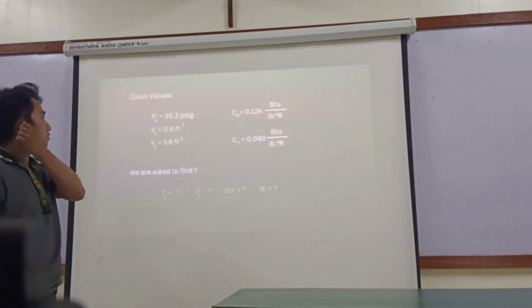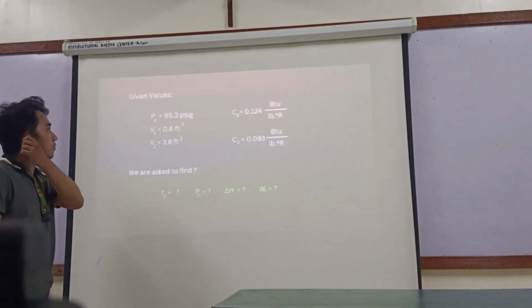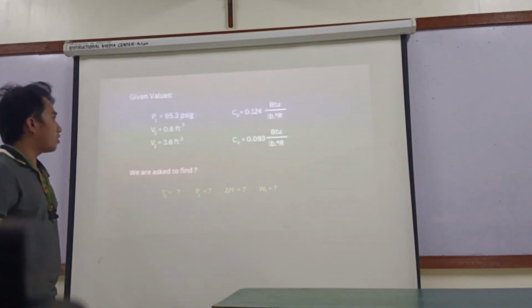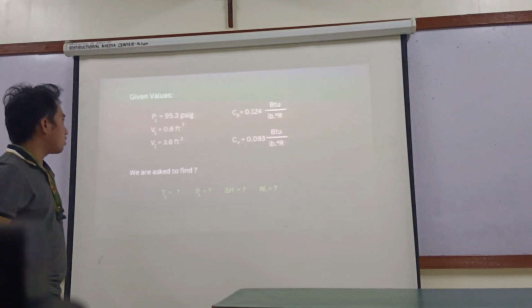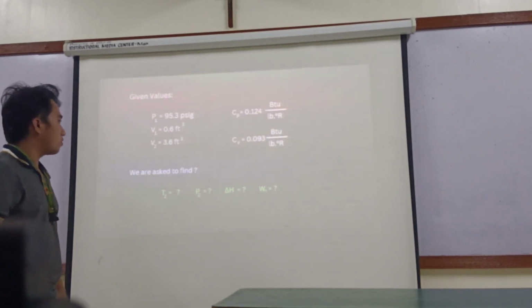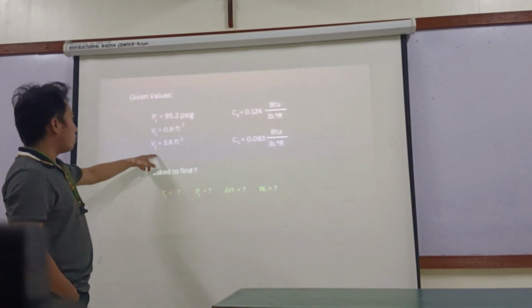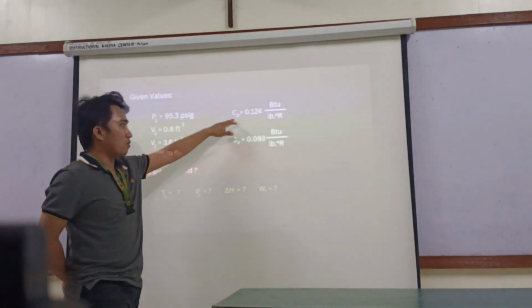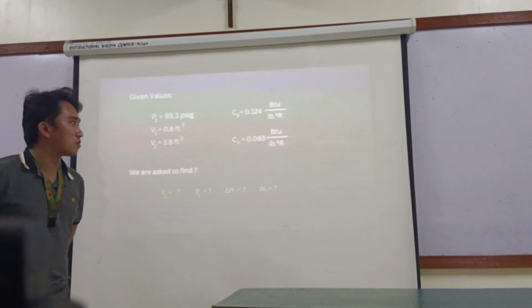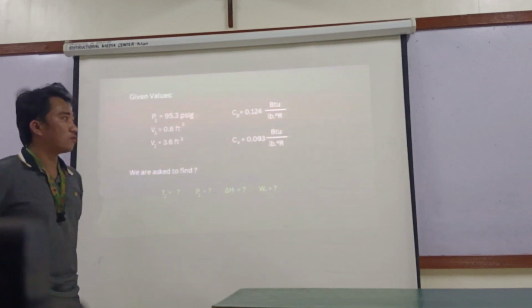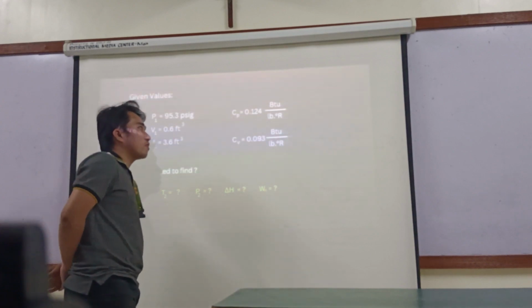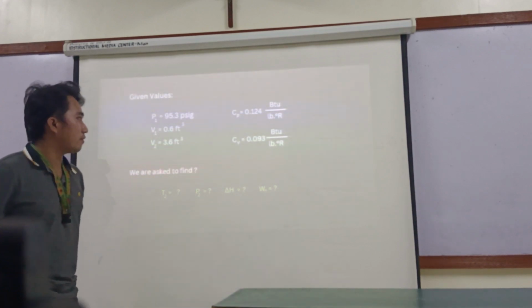So here are the given values in the problem. Initial pressure is equal to 95.3 pounds per square inch gauge, and the initial volume is 0.6 cubic feet. The final volume is 3.6 cubic feet, and the Cp, constant pressure, is equal to 0.124 BTU, British thermal unit per pound degree Rankine.